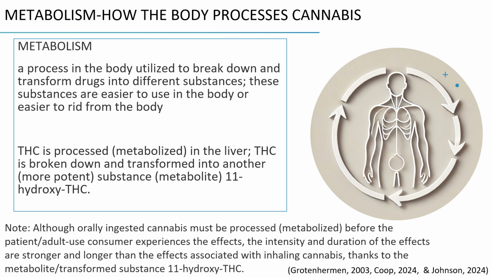And that time period, that delayed onset, that period that you're waiting for it to be ingested, THC is transformed to many other forms, and the one of interest, the metabolite 11-hydroxy-THC, is transformed into a more potent form that's responsible for the extended effects associated with edible consumption.